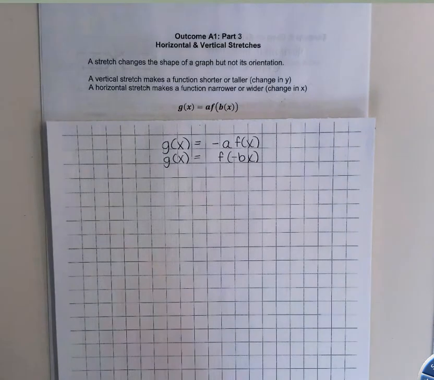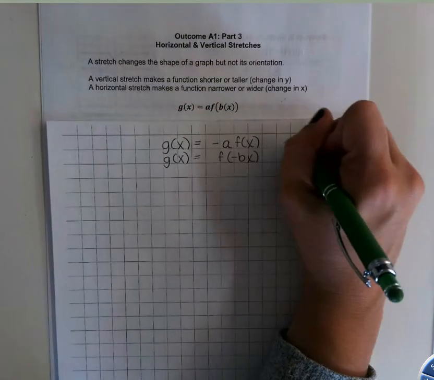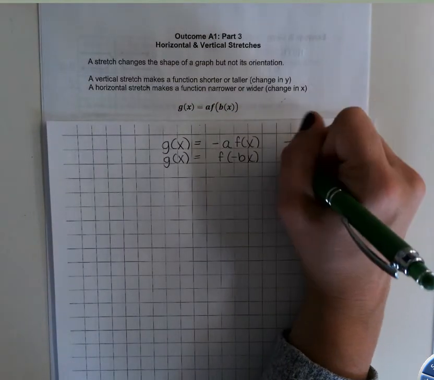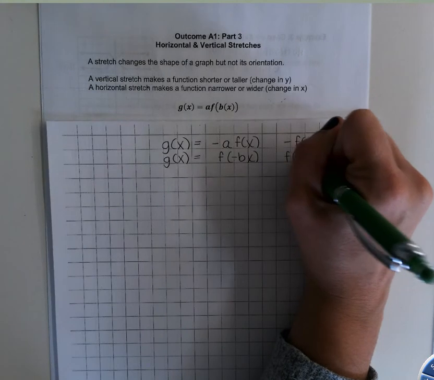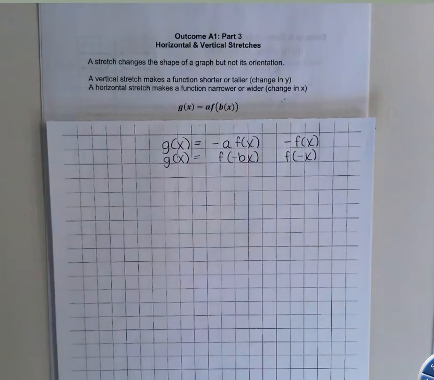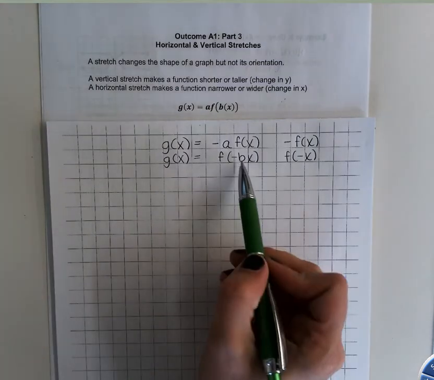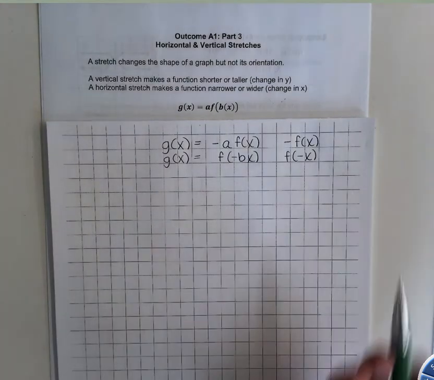Now we looked at them more commonly without that A value there, or without that B value, because the A or B value was just 1, so we didn't need to include it. But today we're going to look at when those A and B values are a coefficient other than 1.